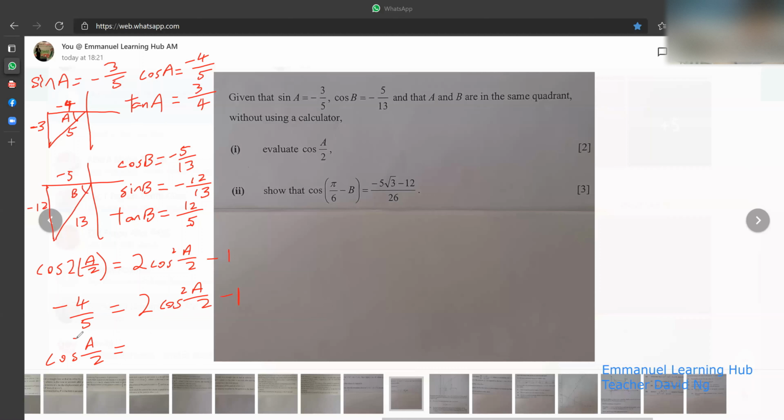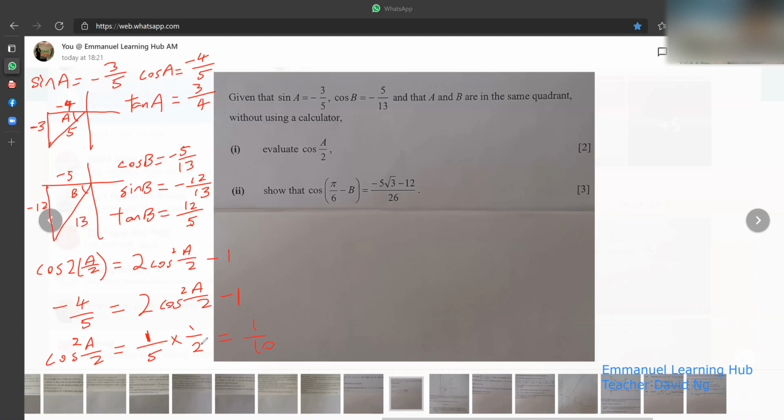Okay, let me do it slowly. This one, bring over the 1, is plus 1. 1 minus 4/5 is 1/5. Then 1/5 divided by 2 is times half, so this is 1/10.